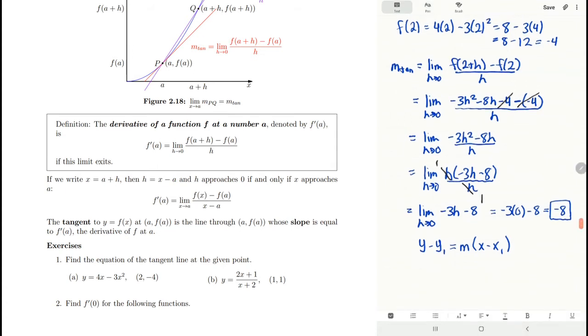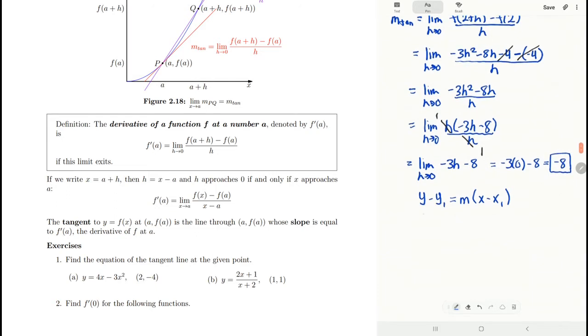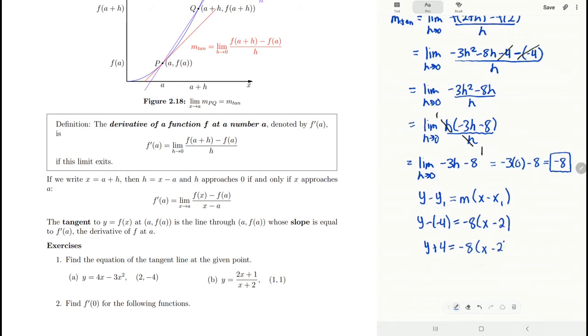So we have y minus negative 4 is equal to negative 8 times (x minus 2). So y plus 4 equals negative 8 times (x minus 2) is the equation of the tangent line.